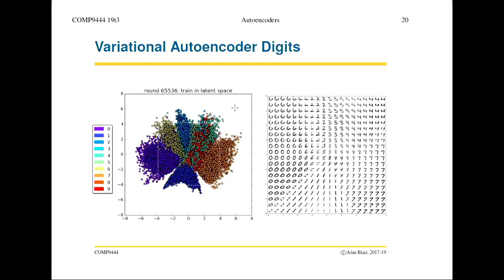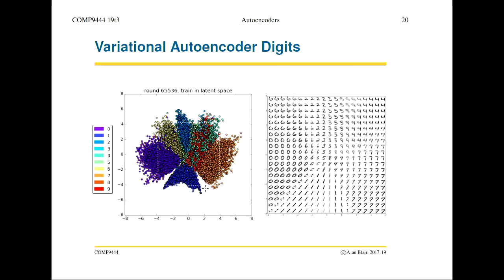The original images have nicely spread out to cover the whole space, and you can imagine that if we choose something from a Gaussian distribution, very likely we'll be choosing something that's close to an original image. There are some gaps.